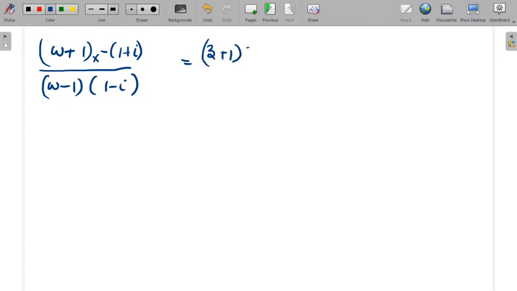So here itself you can cancel this negative sign.